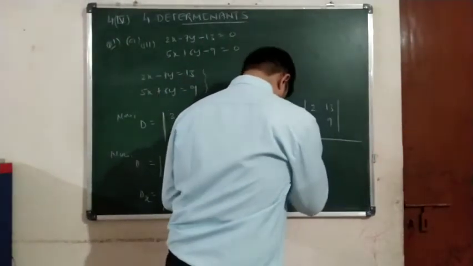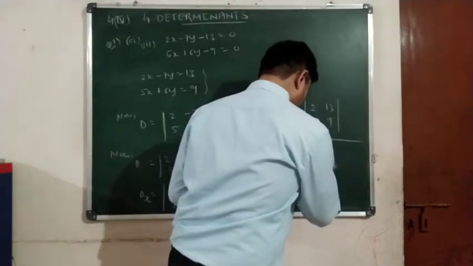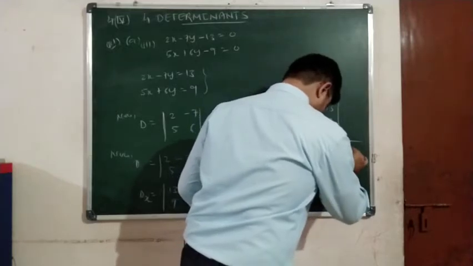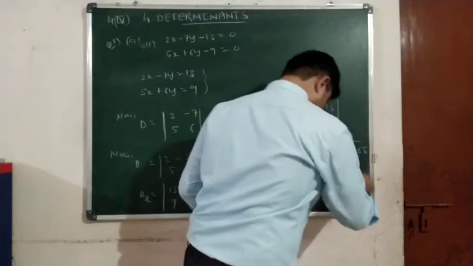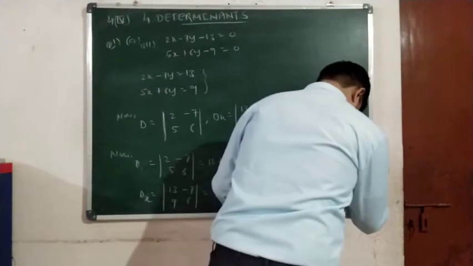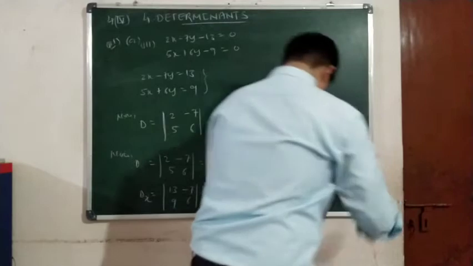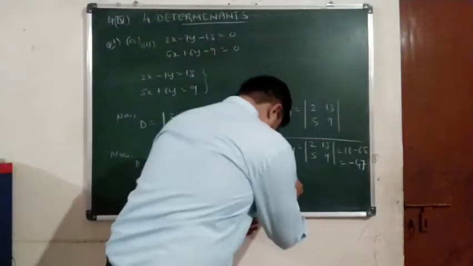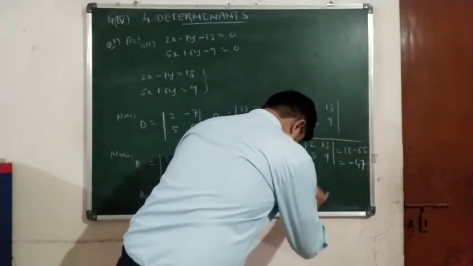And now we will calculate dy. Dy is equal to 2 5 13 9. 9 2s are 18 minus 13 5s are 65, which gives minus 47. Clear? So we got dy to be minus 47. Now we can find x is equal to dx upon d.